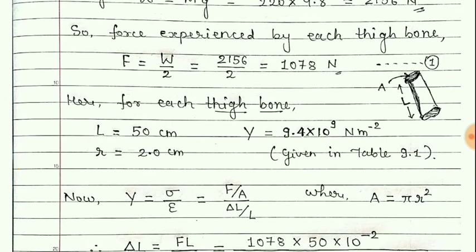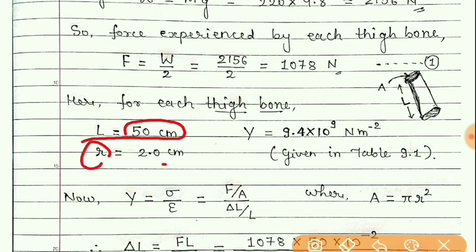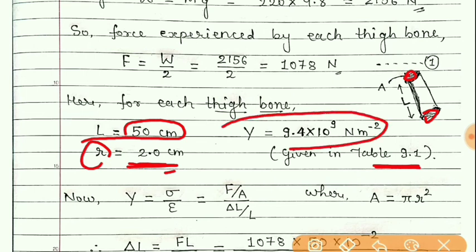Here it is given that the length of a thigh bone is 50 centimeter and its radius of cross section is 2 centimeter, and given in table 9.1 that the Young modulus for a thigh bone is 9.4 into 10 raised to 9 Newton per meter square.